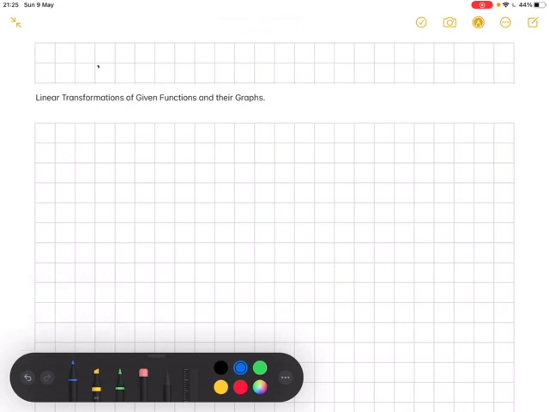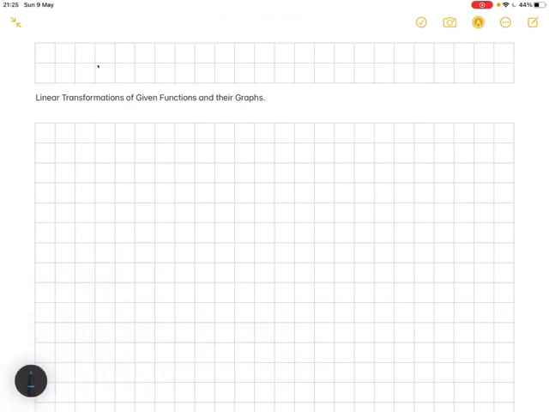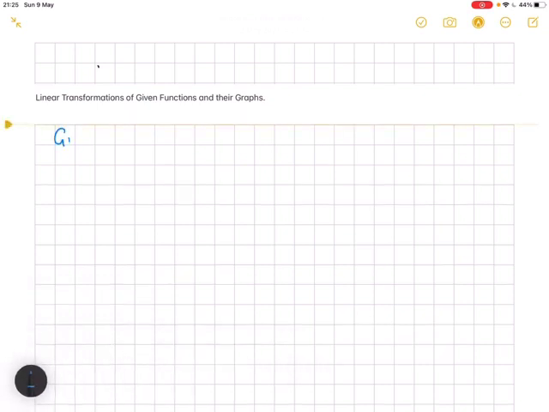Let's write with blue. Let me write a typical question. Given the graph of f(x), sketch, and sketch means it just has to be a quick sketch with the salient points on there.